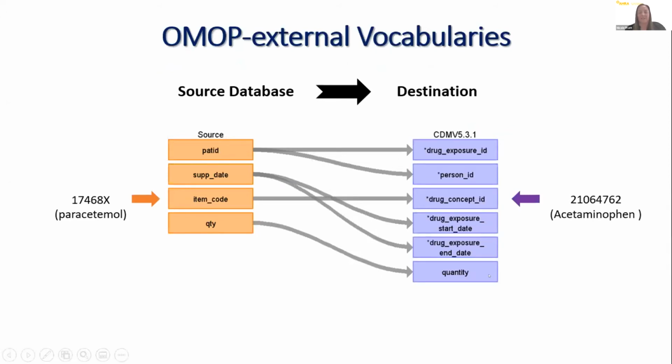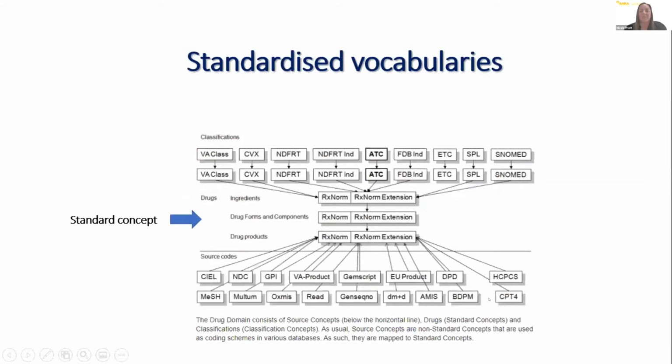Your source data in your medication code gets translated to a code in the destination database, and also the same language. So acetaminophen is the same across all countries, whereas in Australia we call it paracetamol. So this is just an example of all the different vocabularies in all the different databases across the world. They all get mapped to a single RxNorm vocabulary.